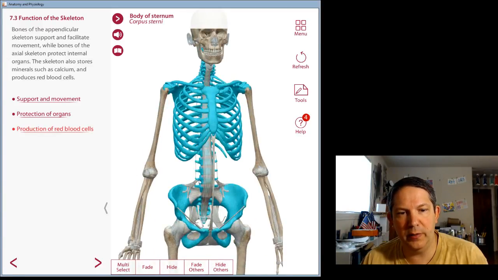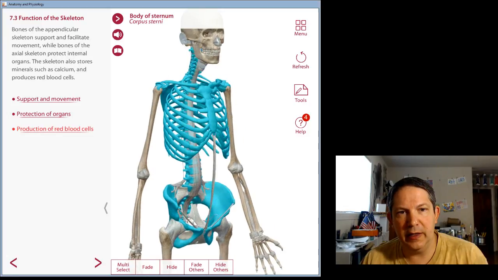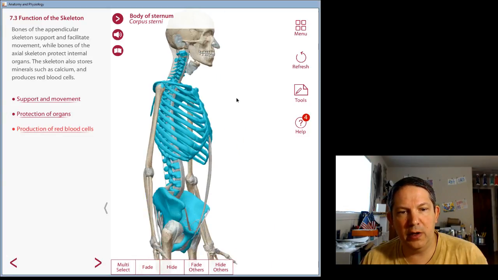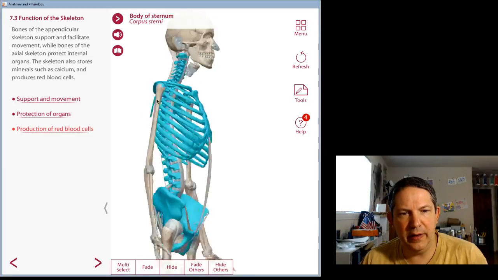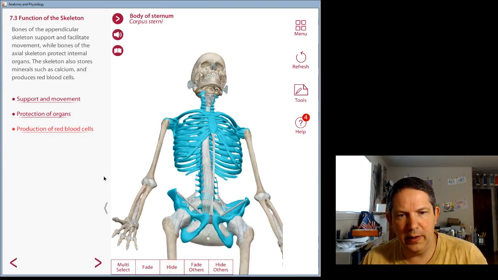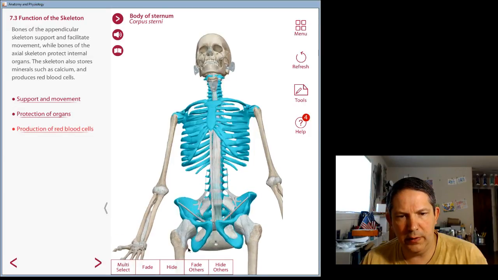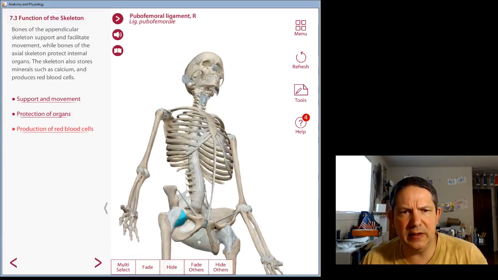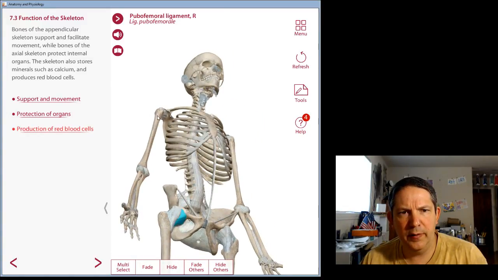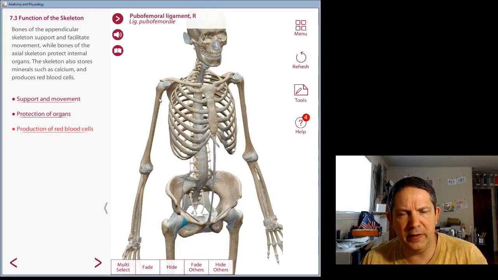So sternum, ribs, pelvis, scapula, clavicle, but also in the head of the humerus and the head of the femur. And I guess we'd have to remove the capsule to see, but it's not just the head. The proximal portion of the diaphysis, I think, still has some hemopoiesis going on.